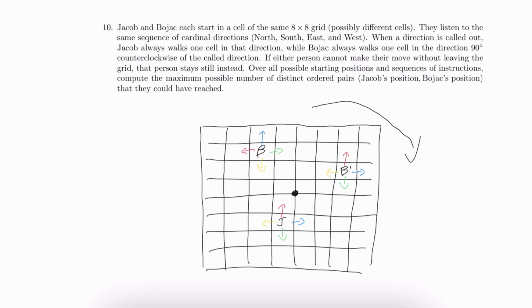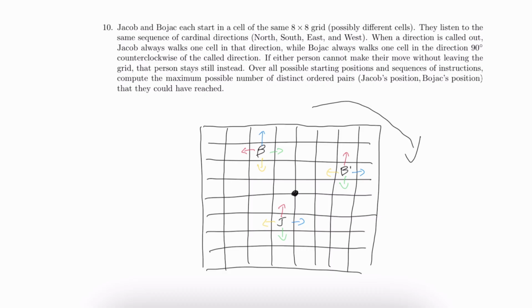And you can sort of convince yourself that even after this rotation from B to B prime, B and B prime still have the same set of legal moves, no matter any starting position and any direction that is called. Because, for instance, let's say two north directions were called.